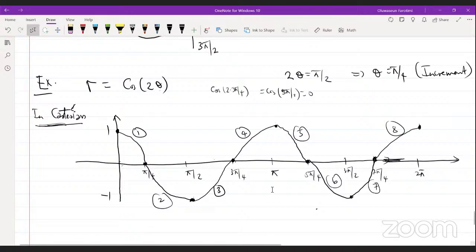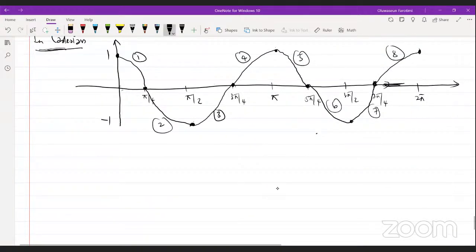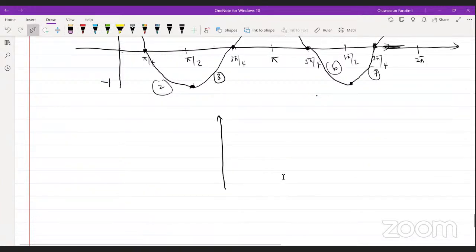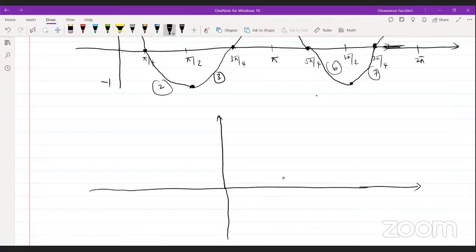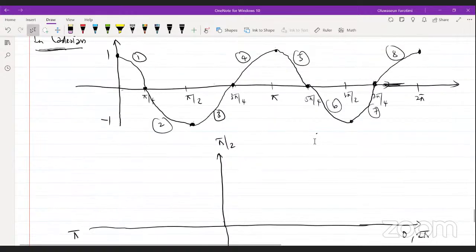So now I have to put this together in the polar case. What do I know? I know this is 0, 2 pi. I know this is pi over 2. I know this is pi, and I know I have 3 pi over 2 here. Now, let's go back here. Look at number 1.